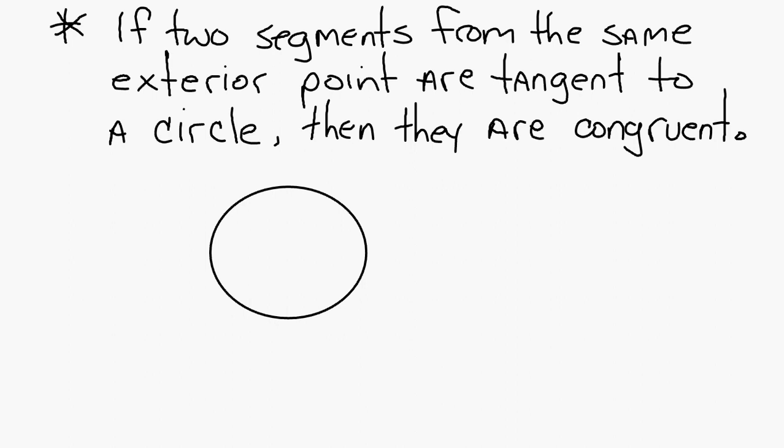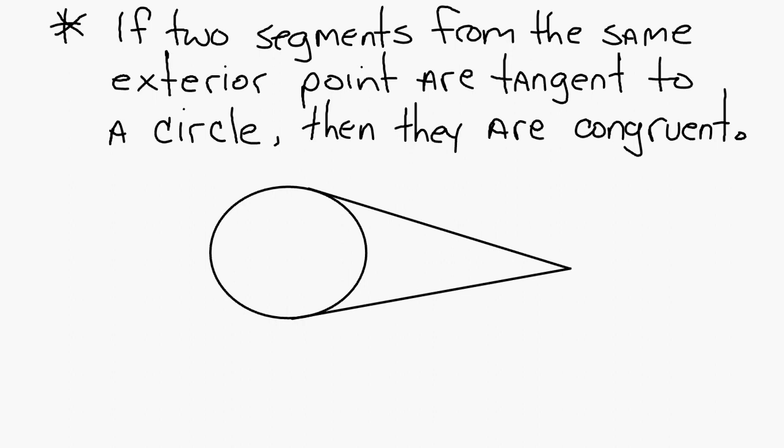So if we go out here and we draw a segment, and then from that same point we draw another segment, if two segments from the same exterior point are tangent to a circle, well, that's what we got right here.